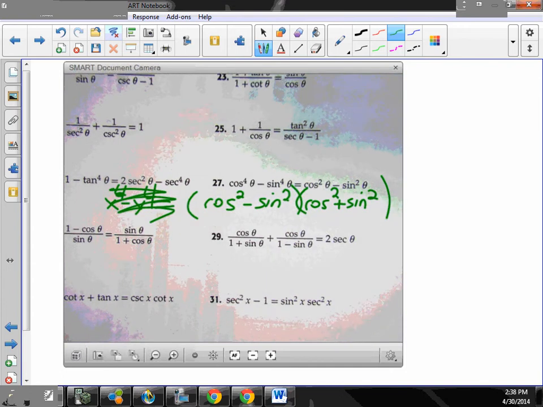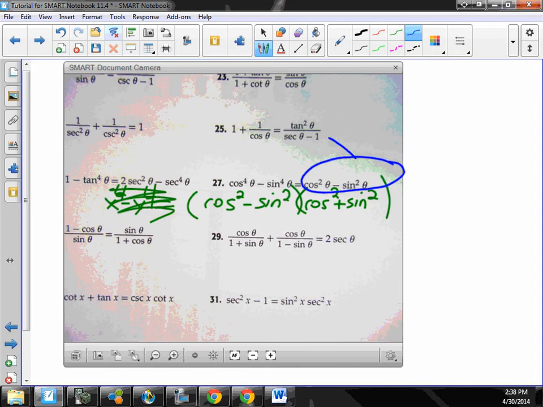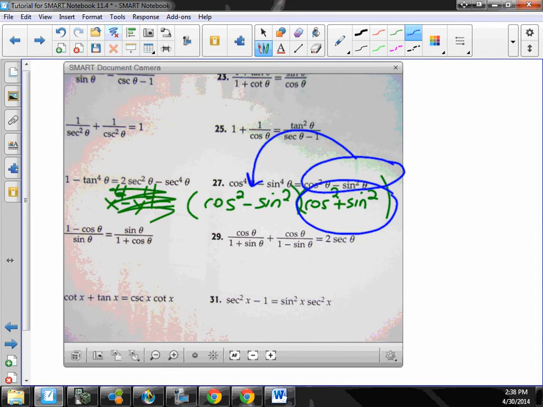One of them is the answer, and the other one equals 1. This one matches that one, and this is the Pythagorean identity that equals 1. So we're done.